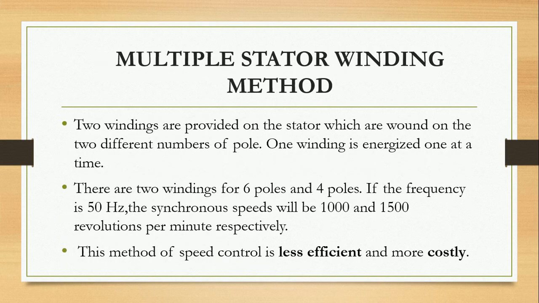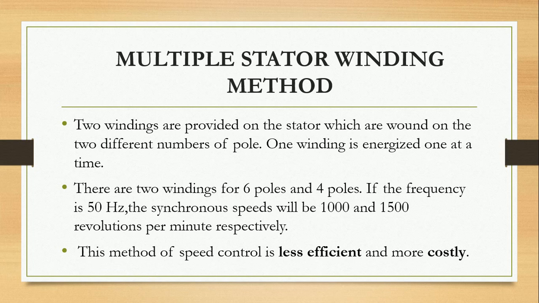The first method is multiple stator winding method. In this method, there are two windings that are provided on the stator which are wound for two different numbers of poles. Only one winding is energized at one time.